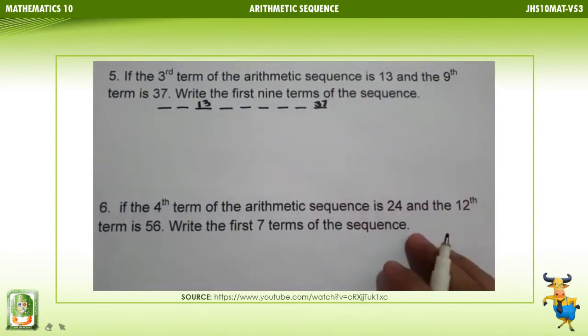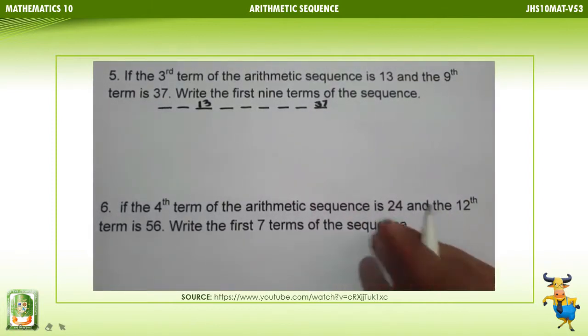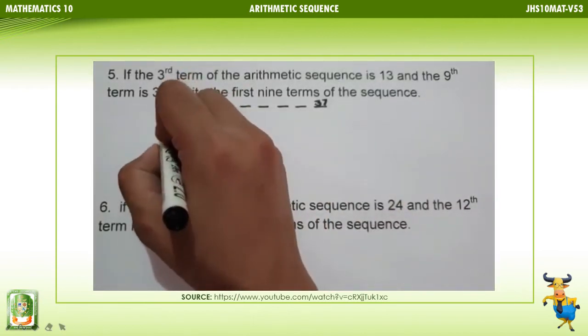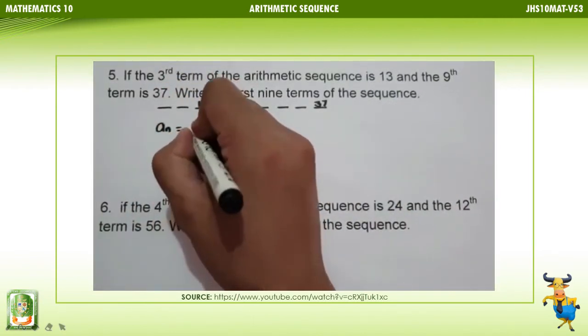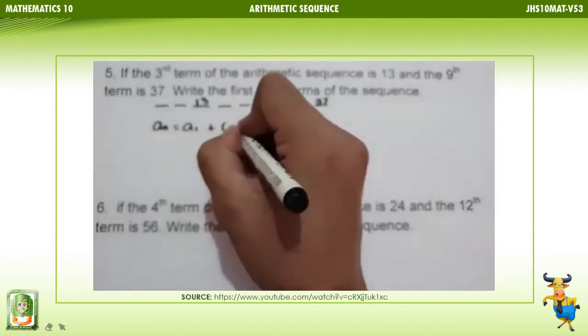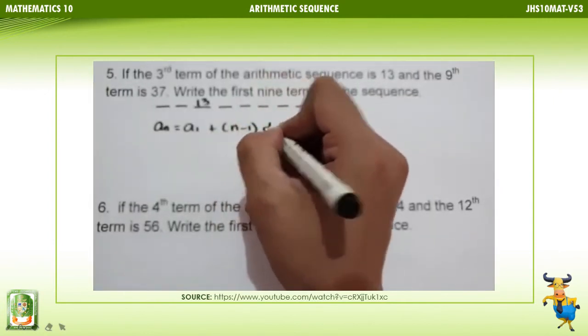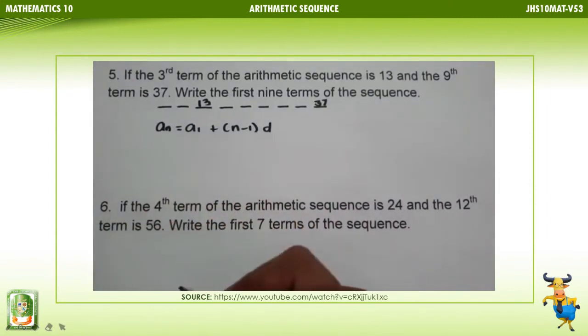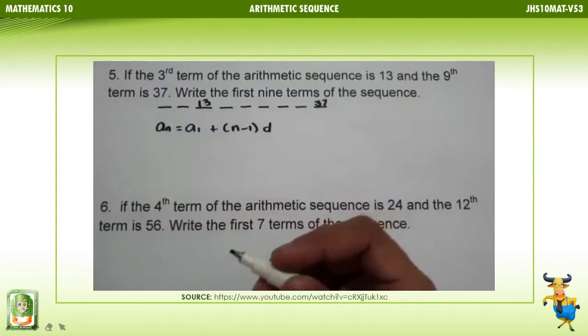So in order for us to write the first 9 terms, let us use the formula for arithmetic sequence. So we have a sub n equals a sub 1 plus n minus 1 times d. Now let us identify what is the last term, first term, and the value of n.